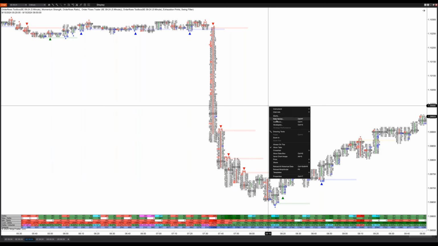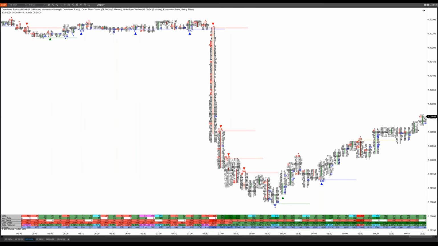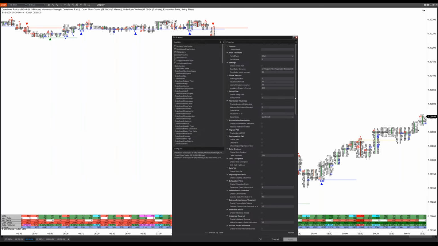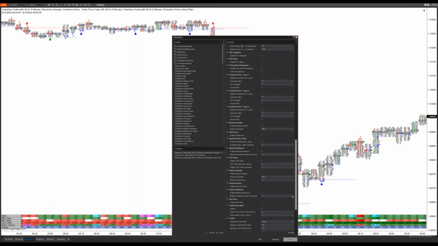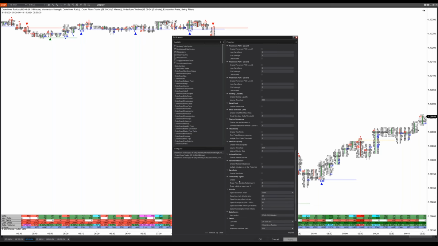Now, the thing to keep in mind is the trade entry signal, which I have disabled for now on the momentum, but it's on for this one I just added because by default it's enabled.